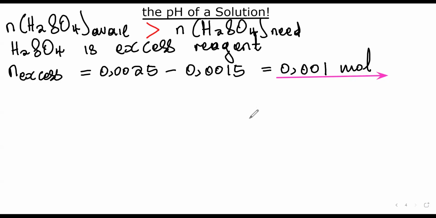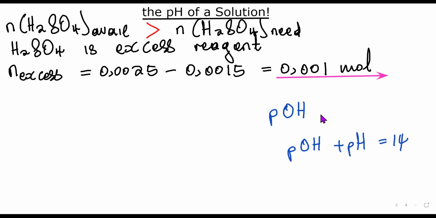There has to be something that is in excess. It can be an acid or it can be a base. But remember, if we found that the number of moles of the base are in excess, then we would have to calculate pOH first, and then use the fact that pOH plus pH equals 14.